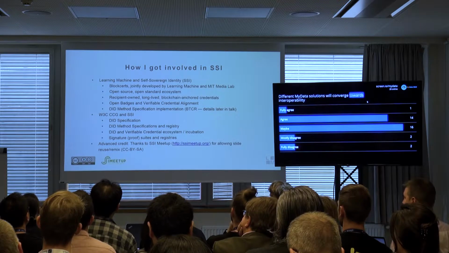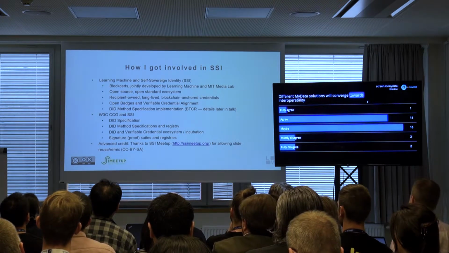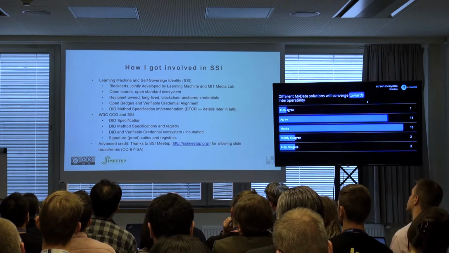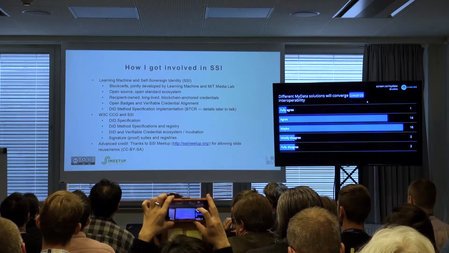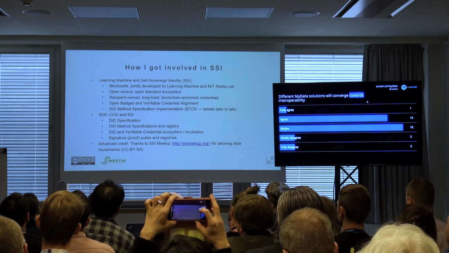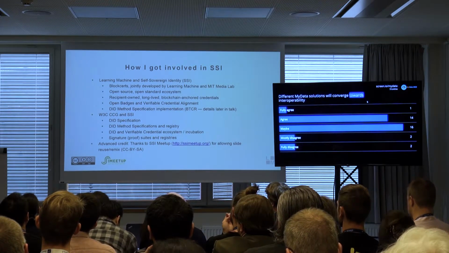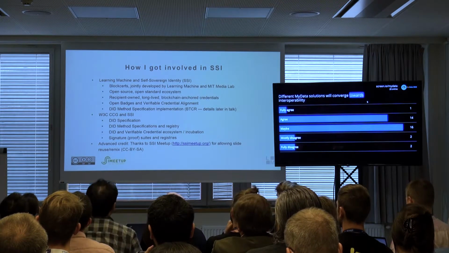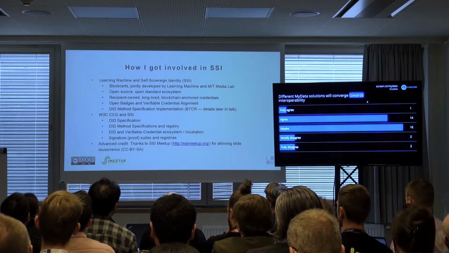We built an open source, open standards ecosystem around it, but the big problem when it comes to creating these recipient-owned long-lived credentials is, of course, identity. Open badges solved it with email addresses and a lot of other things that don't really work well. Through finding the verifiable credentials group of people, we learned about DIDs.